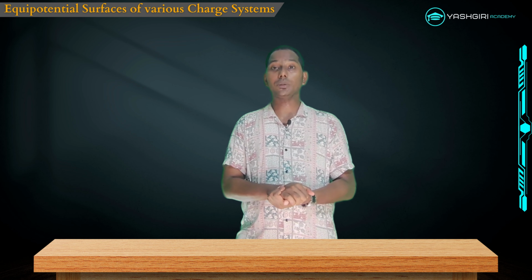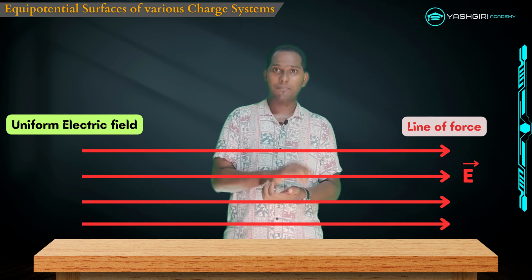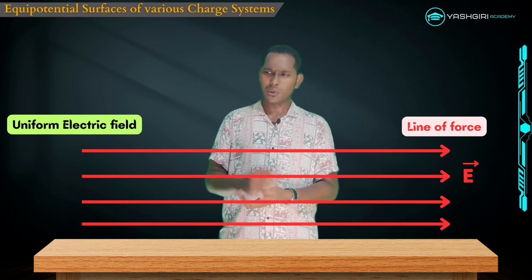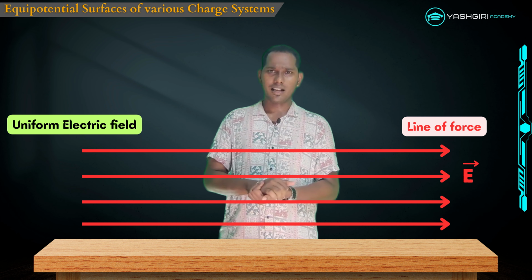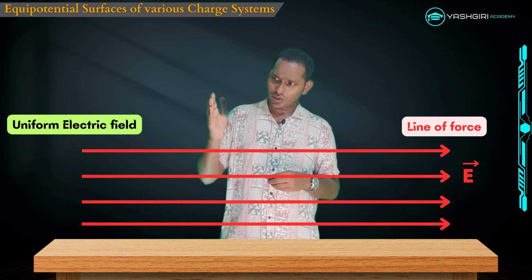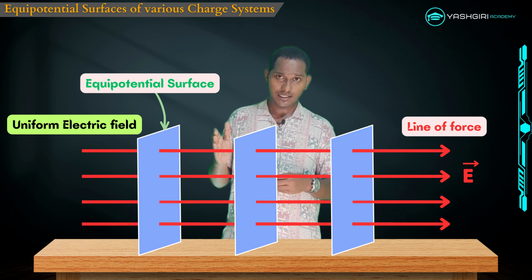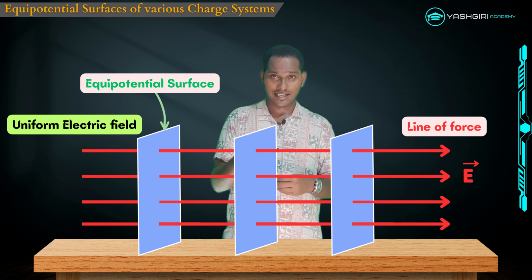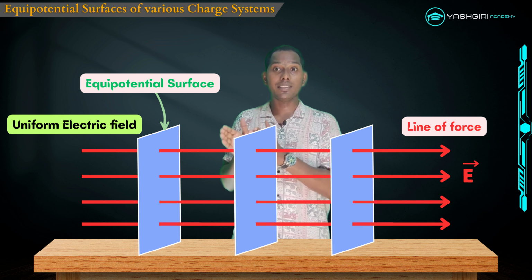Now when you have a uniform electric field, you will see that the lines of force, or field lines, are parallel straight lines, and the equipotential surfaces are planes perpendicular to the electric field lines, at an equal distance.